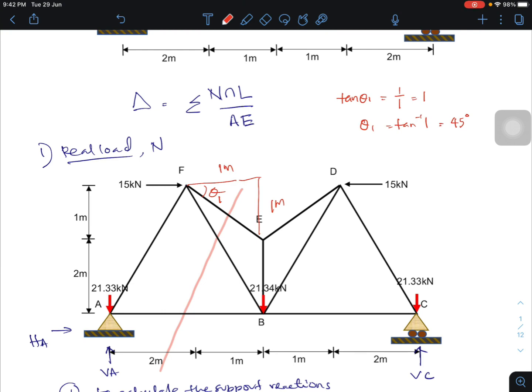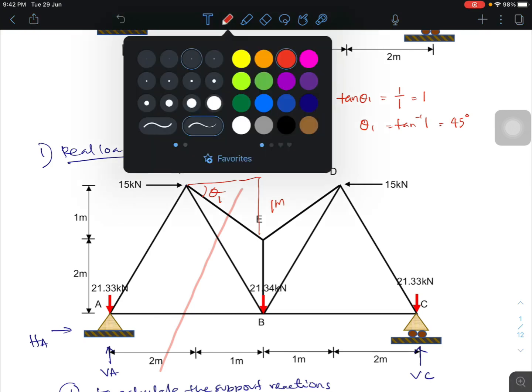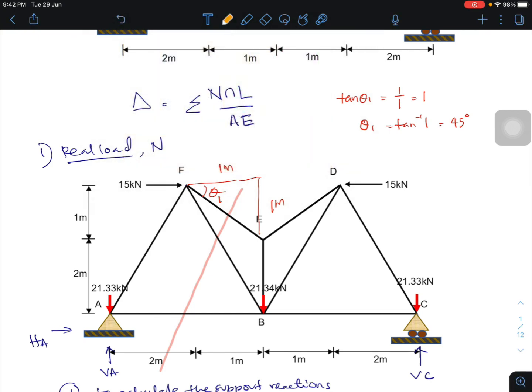Now I want to identify theta 2. This one I consider as theta 2. Tangent theta 2 equals the height of this triangle, 3 meter, over 1.